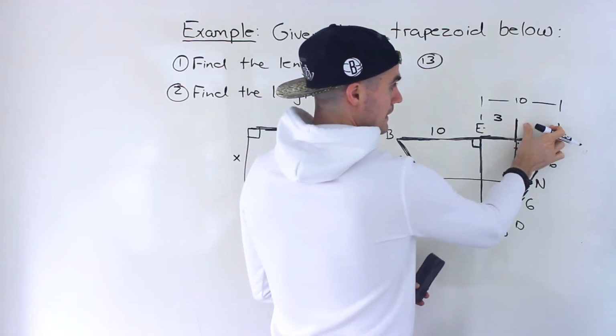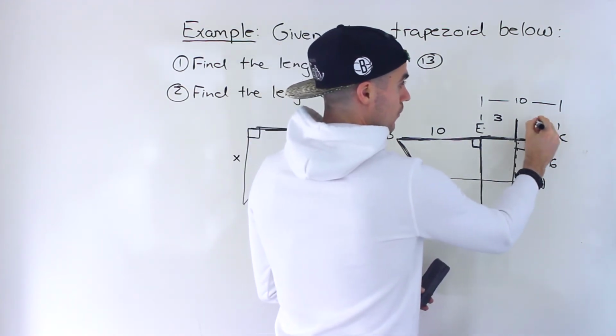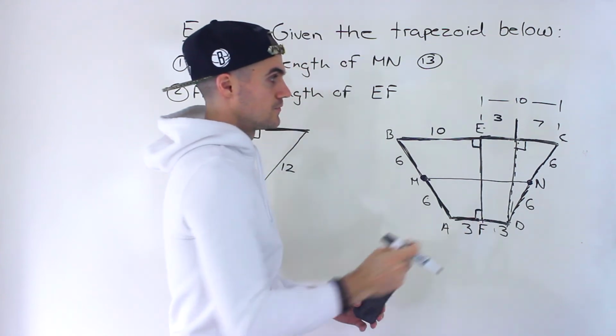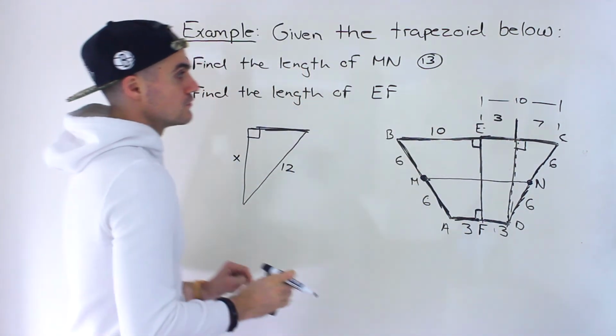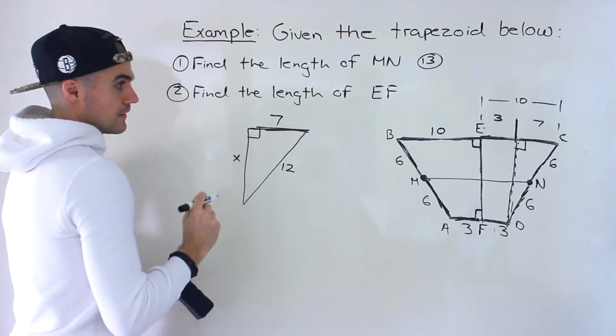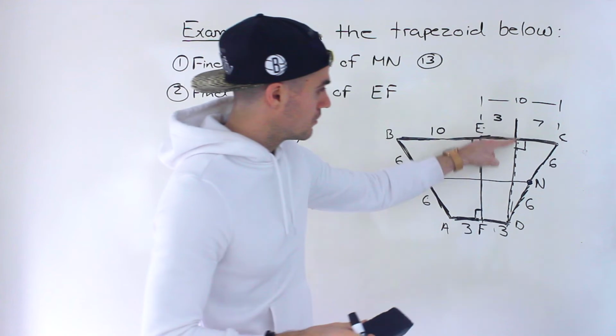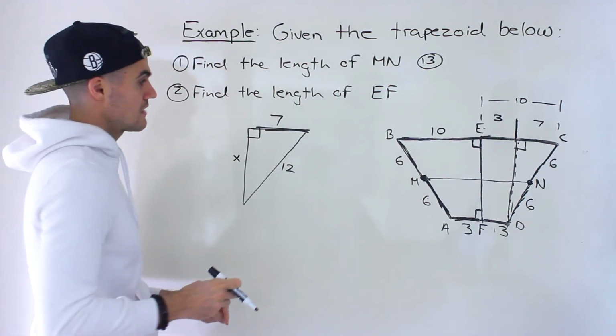So what's the remaining length going to be? From this point to C, it's going to be 7, right? Because the 3 plus 7 has to equal that total length of 10. And so this length over here in this right triangle that we are dealing with is going to be 7.